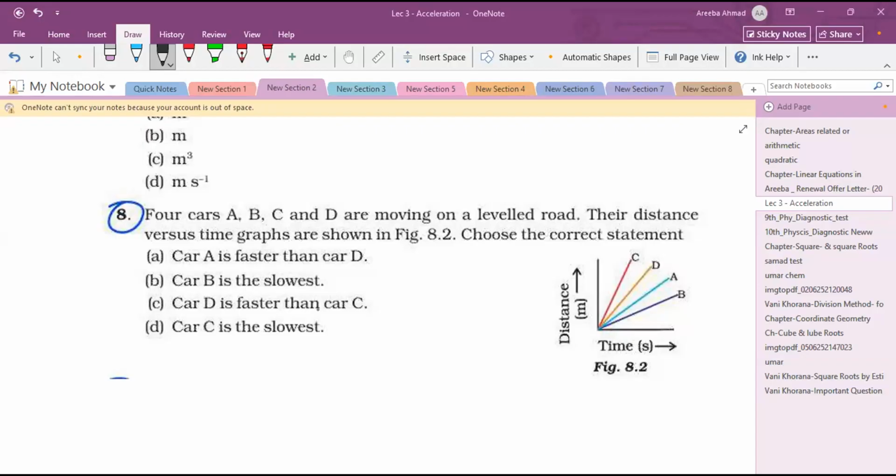Okay, Khadija has sent. Yes, Abdullah, eighth one, send the answer quickly.